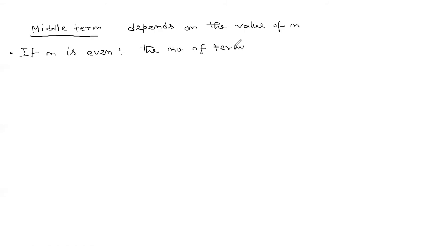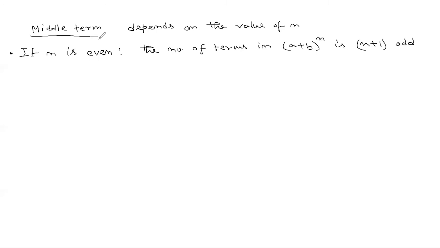This depends on the value of n. The first point: if n is even, then the number of terms in the expansion of (a plus b) power n is n plus 1, that is odd.